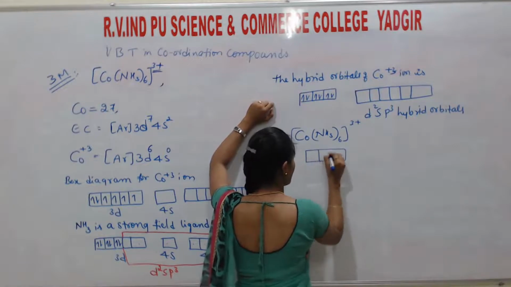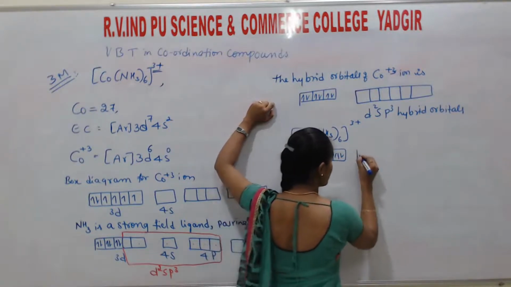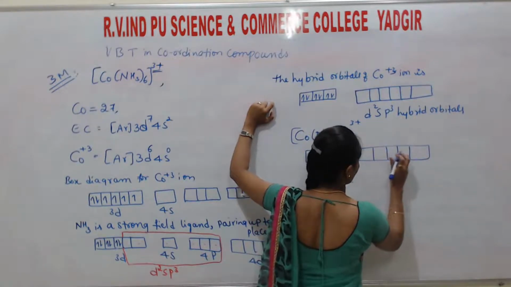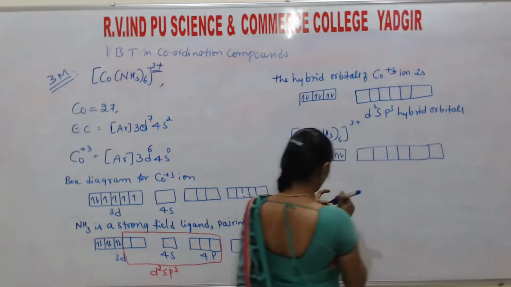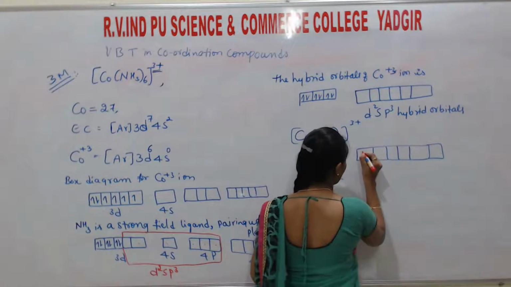So this is the box diagram for the paired electrons. This is the hybrid orbitals with the electrons from the nitrogen atom.